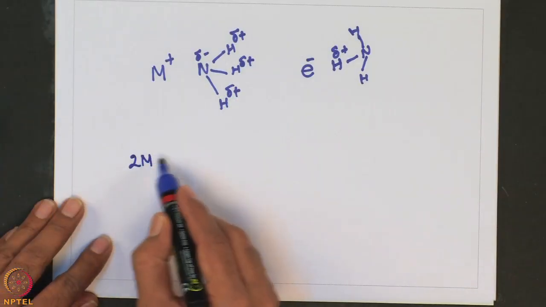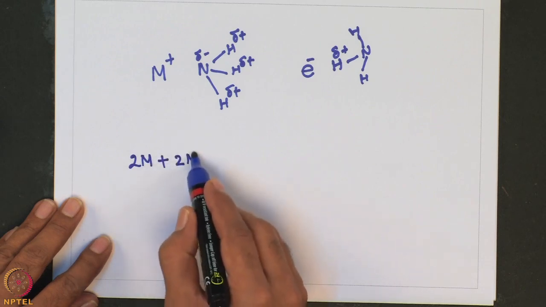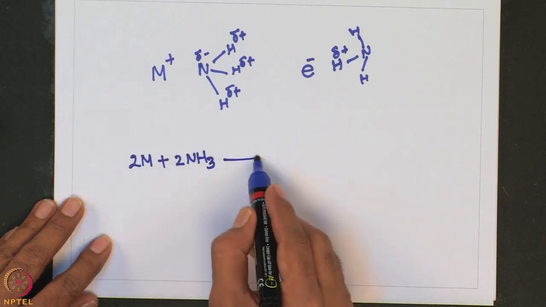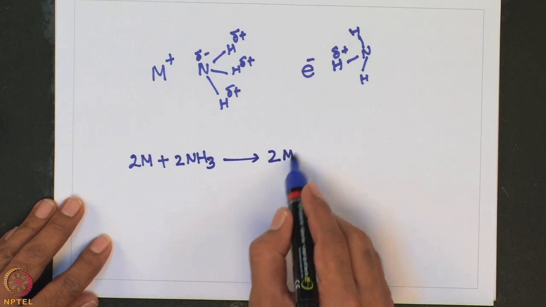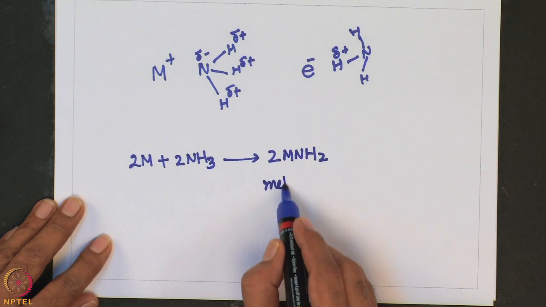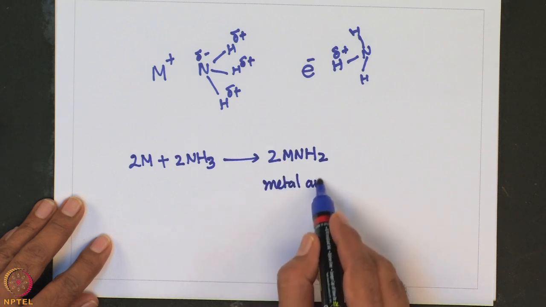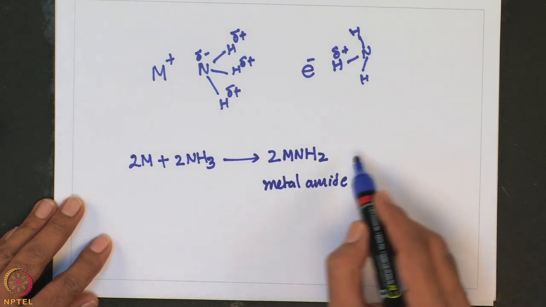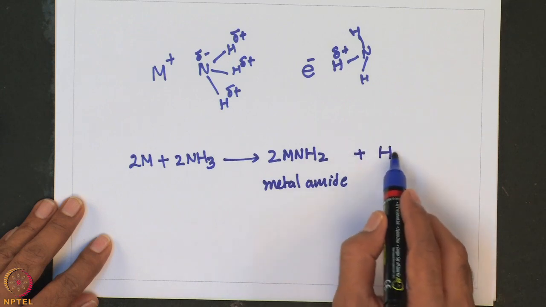Already I had written, I will write again here: 2M plus 2NH3 gives 2MNH2, so this is metal amide, and plus H2 comes out.